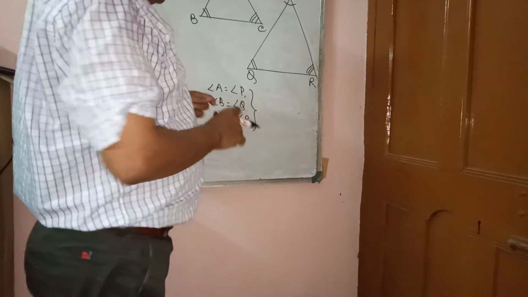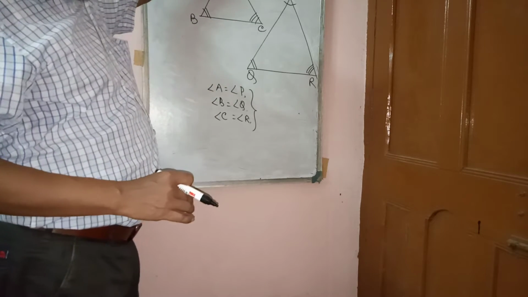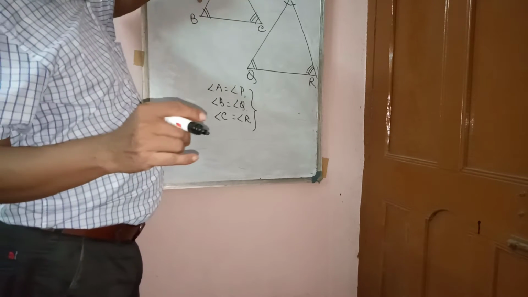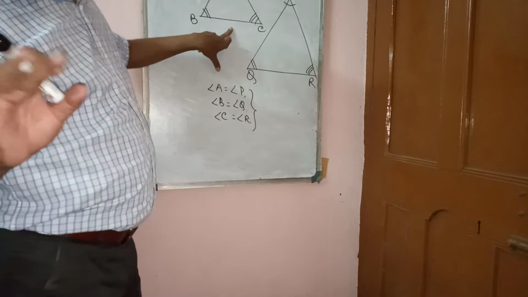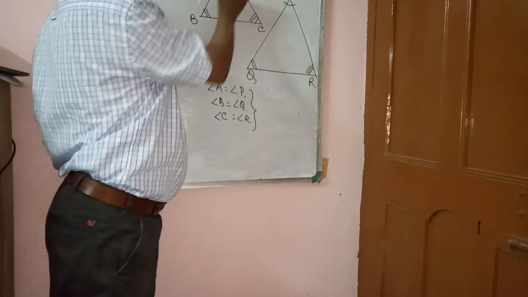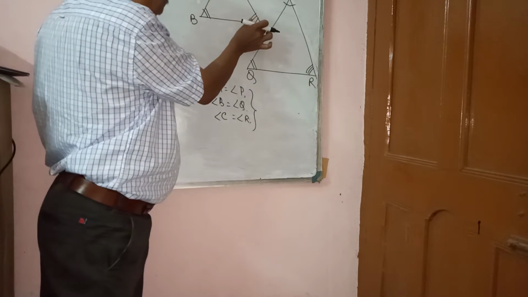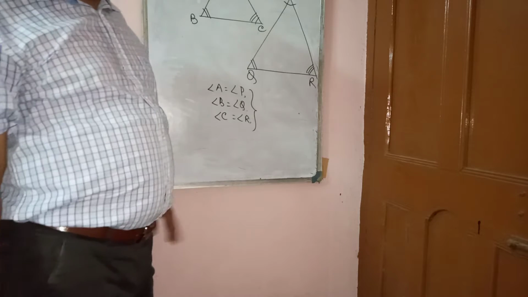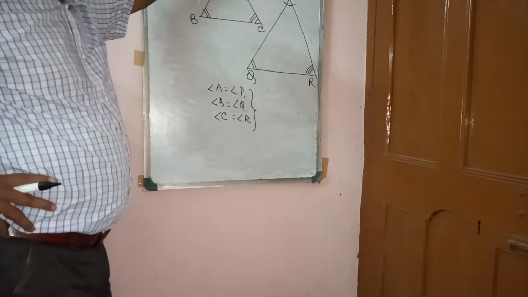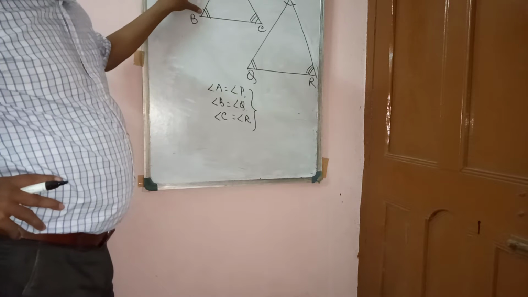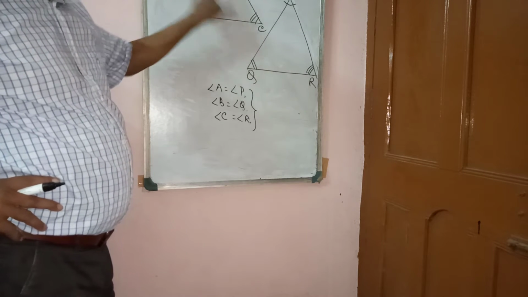Look here, angle A, opposite side. Whatever angle A is, we take the two sides AC and AB, leave them. The remaining side is BC. So angle A has opposite side BC, angle B has opposite side AC, and angle C has opposite side AB. Again I am explaining: angle A opposite side BC, angle B opposite side AC, angle C opposite side AB.